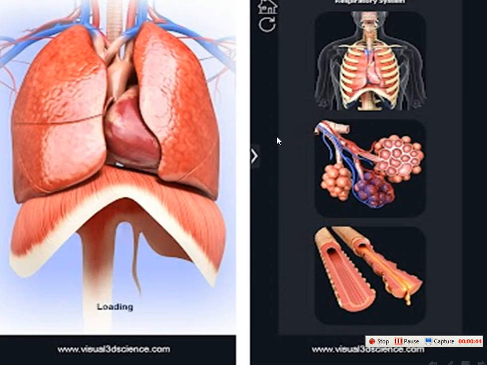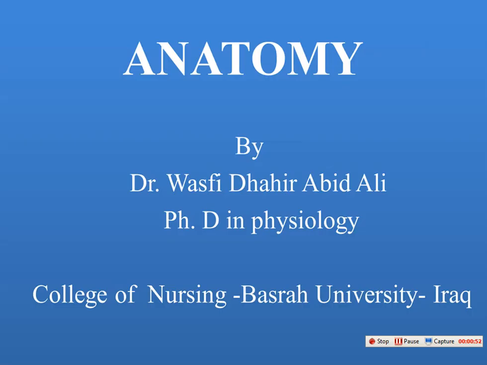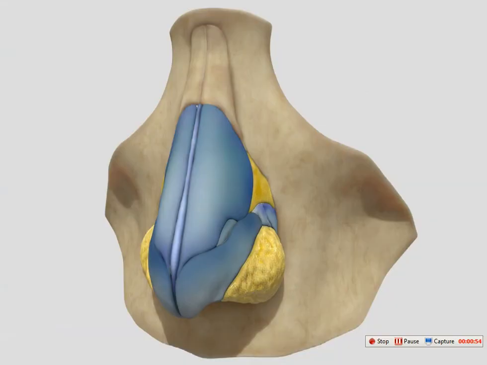First we start with the nose. We know from the skull system that the first part of the nose is the nasal bone, and the other parts are cartilage.